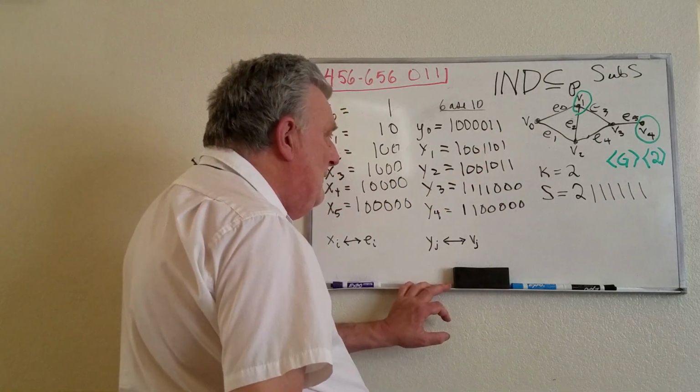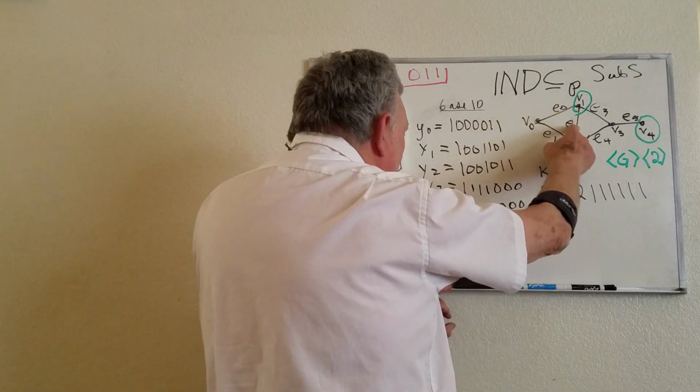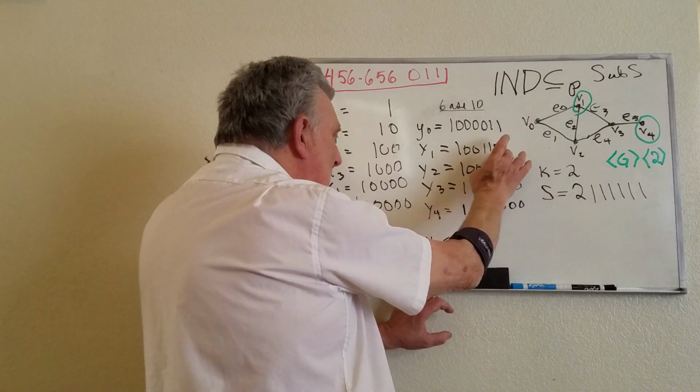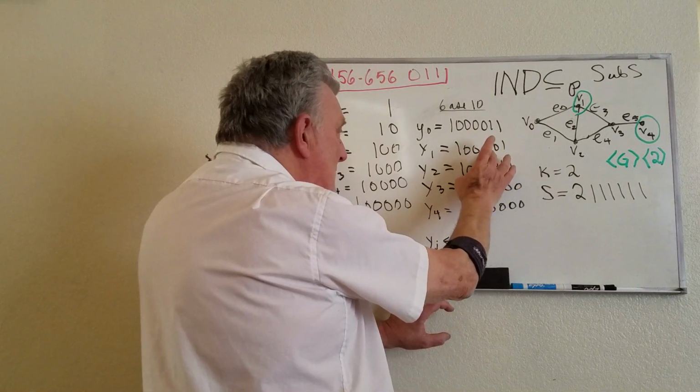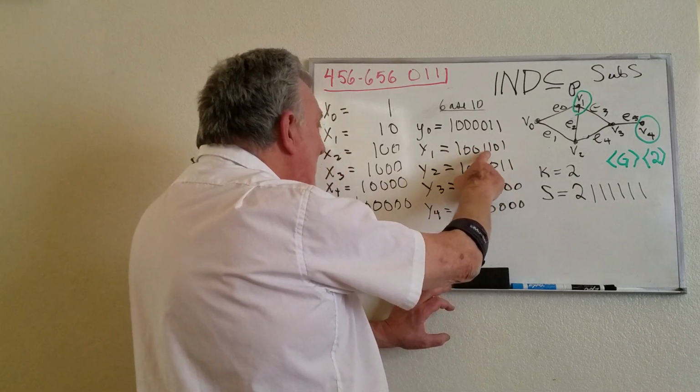Now the vertex V1 is incident on edges E0, E2, and E3, so Y1 has 1s in the positions for 10 to the 0, 10 squared, the 100th place, and 10 cubed, which is the 1000th place.